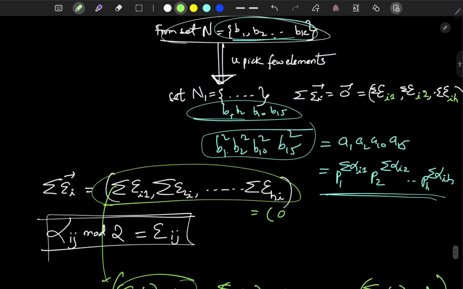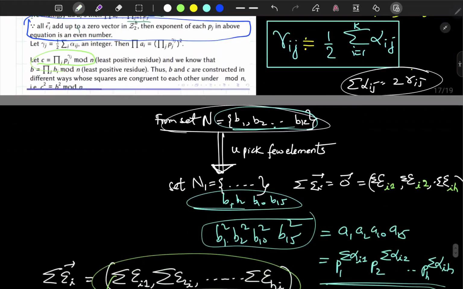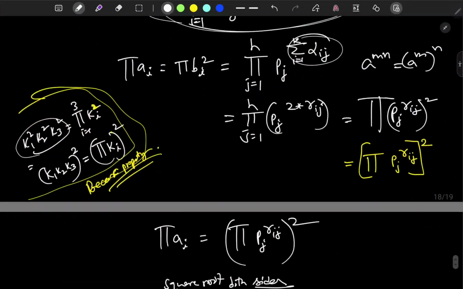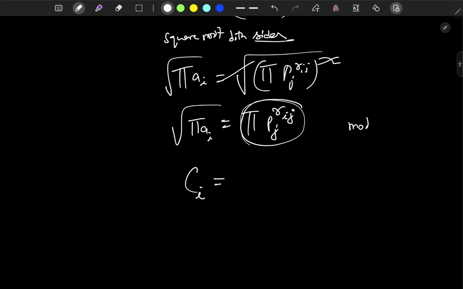Okay, let c be the number such that it is equal to s mod n. Basically what I mean is, ci is whatever value you get, and again apply mod n to this.